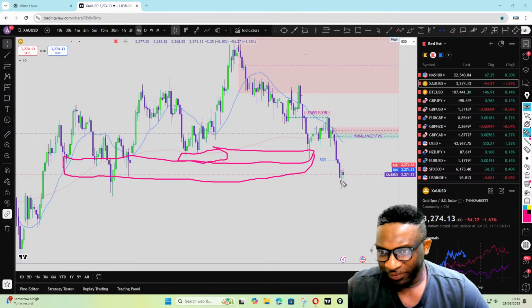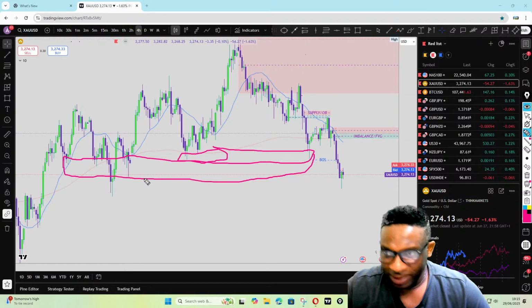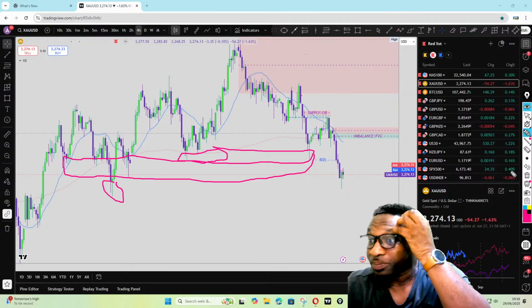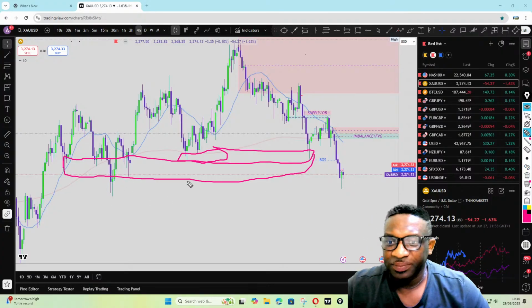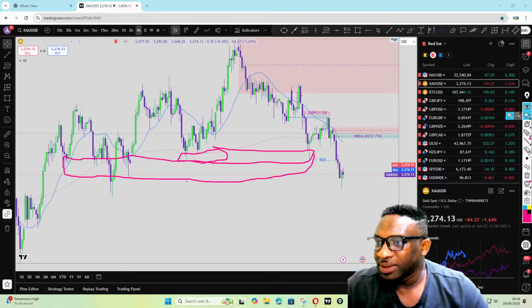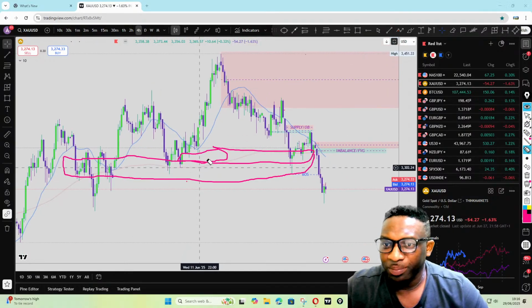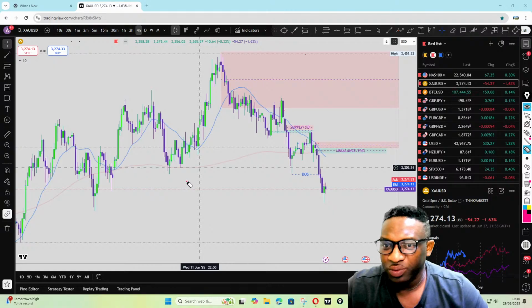Currently price has swept or cleared this liquidity. It's only left with this one here that we can see is pending. This also filled this imbalance here that left this area of liquidity. So with that said, we can say that price has something below that it is aiming to do.